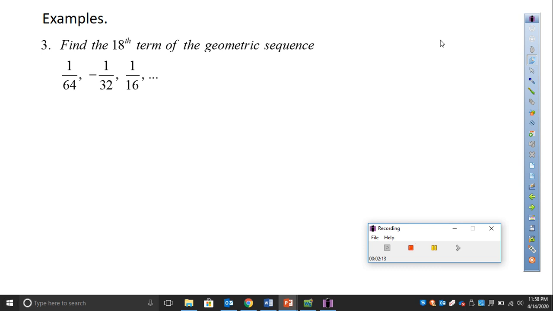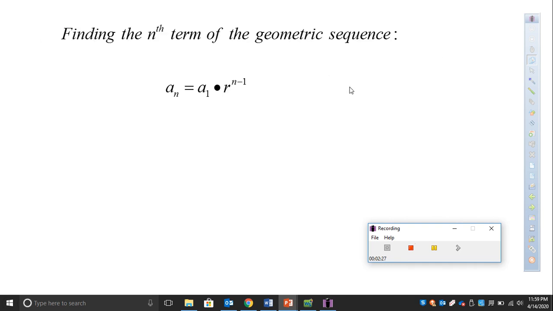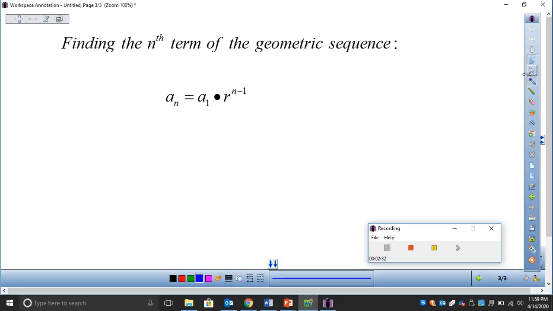You'll come across questions like this: the 18th term of that sequence. Just like with the arithmetic, it can get very tedious to find if I were to list out all 18 terms, so we're going to have a formula for that. Here's our formula right here: a sub n equals a sub 1 times r raised to the n minus 1. Very similar to the arithmetic.